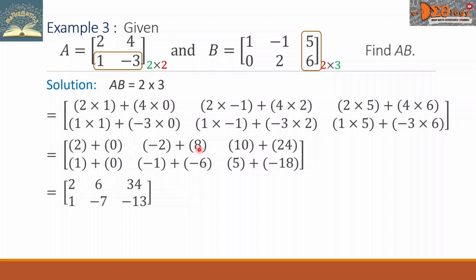Negative 2 plus 8 is 6. 10 plus 24 is 34. 1 plus 0 is 1. Negative 1 plus negative 6 is negative 7. 5 plus negative 18 is negative 13. So we note again that the size of the product AB is 2 by 3. This is the answer.